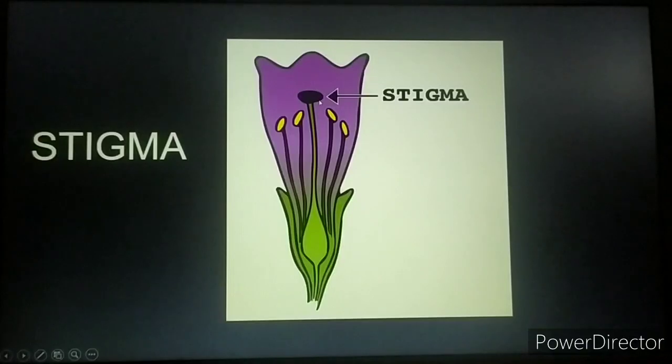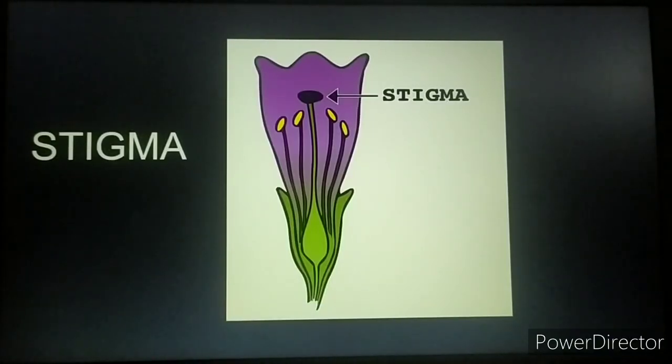The reason why it is sticky or rough or hairy is so that when pollen grain is brought by the insect, it can be trapped, and further it can be taken up for the process of fertilization. So we can say that the stigma is meant for receiving pollen grains during pollination.